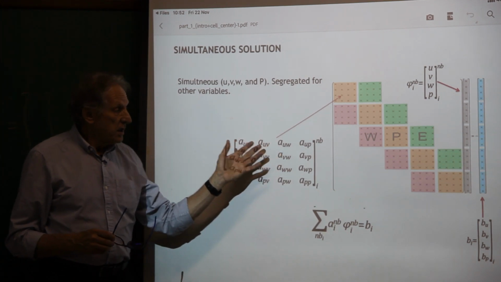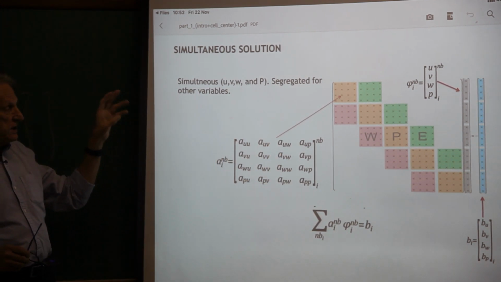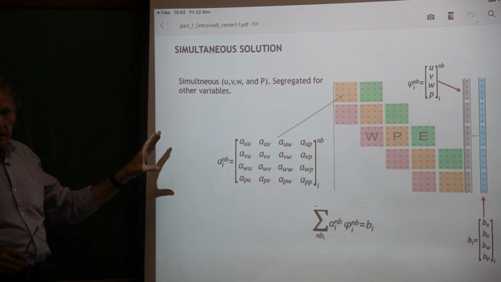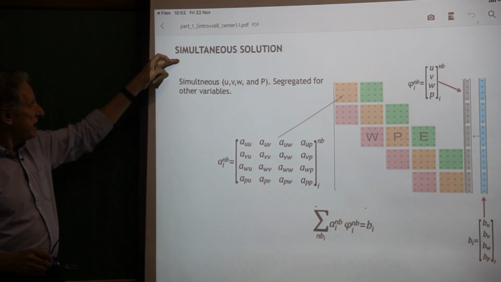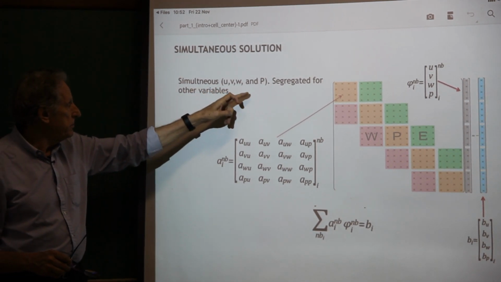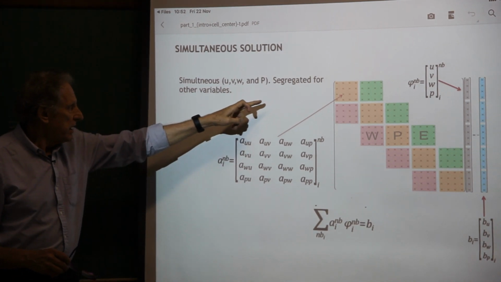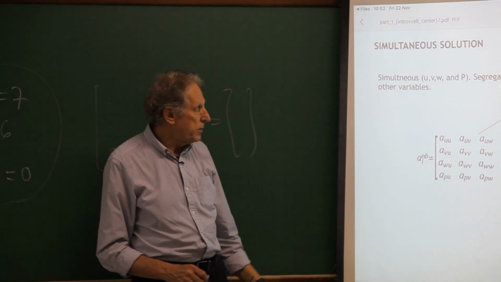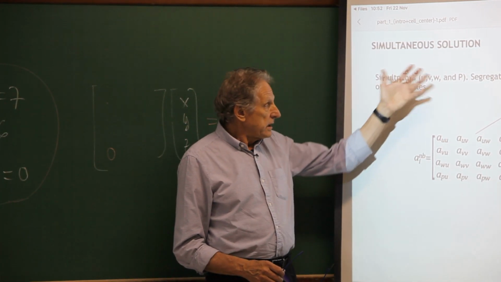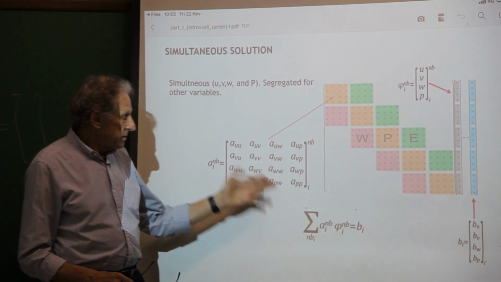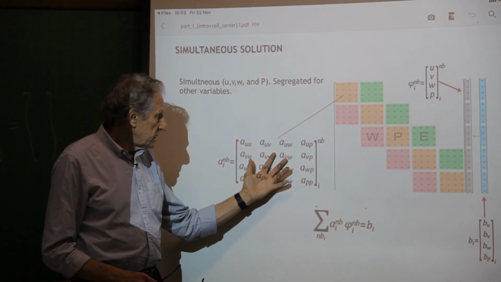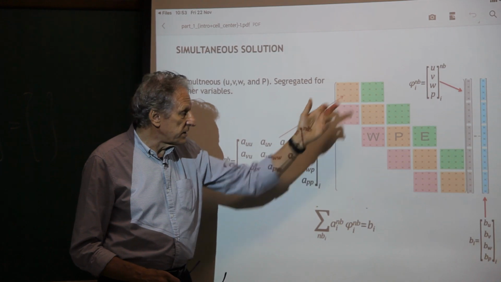And this is the picture of how the simultaneous solution for U, V, W, and P appears. I wrote there segregated for the other variables. I'm already talking about that. But the simultaneous solution, this is the system. This is all the matrix.